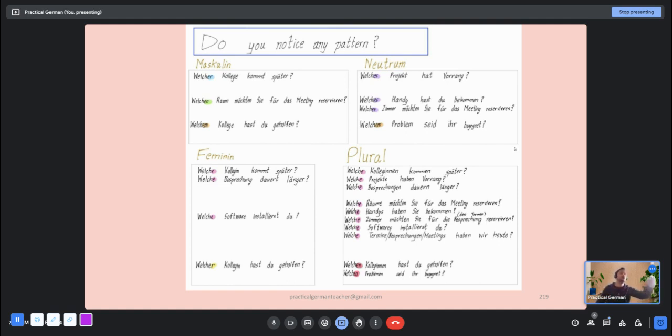Then think, okay, today I learned something, and this is where I can apply it. Be an active listener today, and see where people use "which." This is how you can learn German: use something which you learned today at 7 a.m. in the morning.